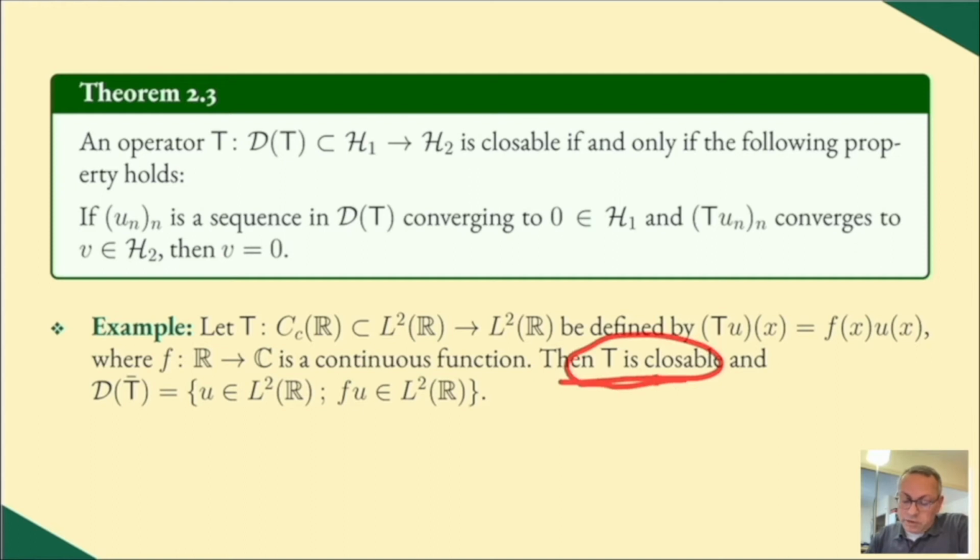Basically, you should use the Lebesgue theorem, so it's essentially an exercise in integration theory. And then you can find its closure. Its domain would be the maximal domain in a sense for this kind of operator, that's all the u such that fu is in L2.